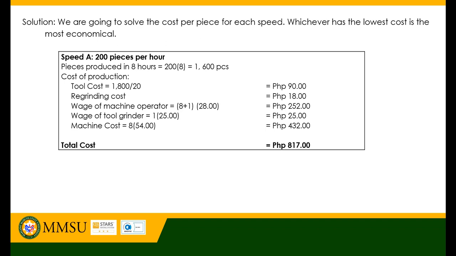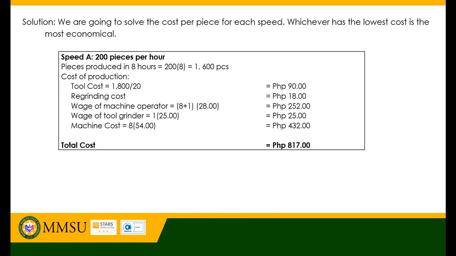So, yung regrinding cost natin is 18 pesos as stated in the problem. Wage of machine operator, so 28 pesos. Wage of tool grinder is isa lang, no? That's 25 pesos. Machine cost is 8 times 54 pesos.